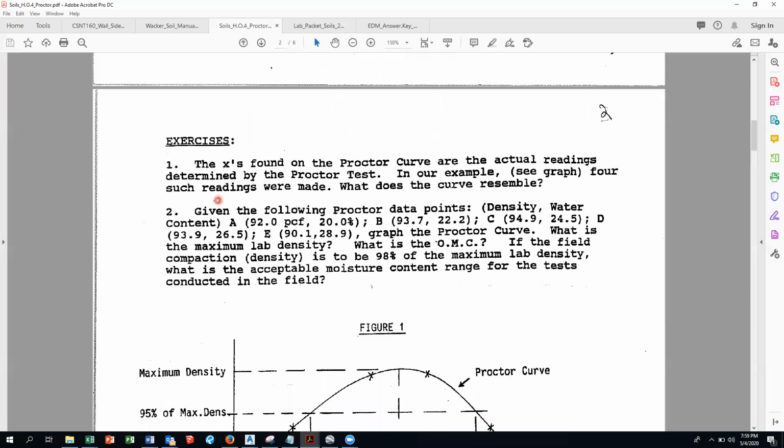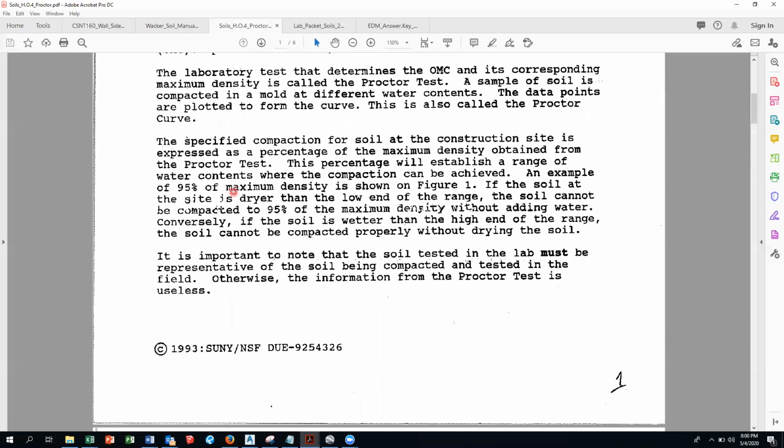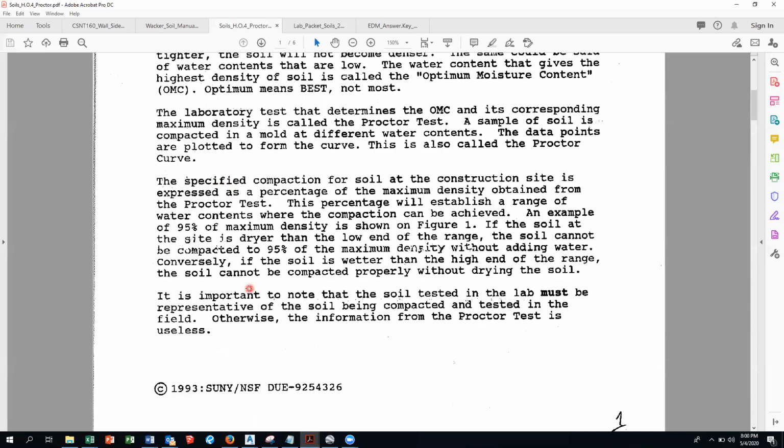And probably the most important paragraph is right here. The Denver handout gives a really good example of this, which we'll go over on Thursday. But the specified compaction for soil at the construction site is expressed as a percentage of the maximum density obtained from the proctor test.